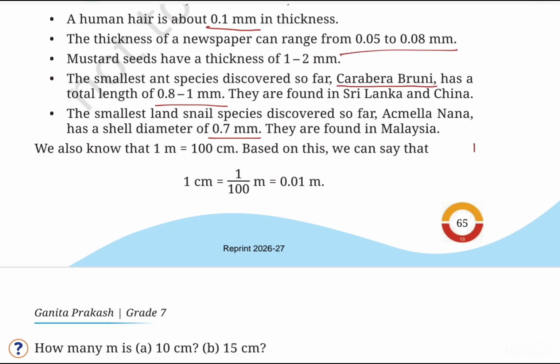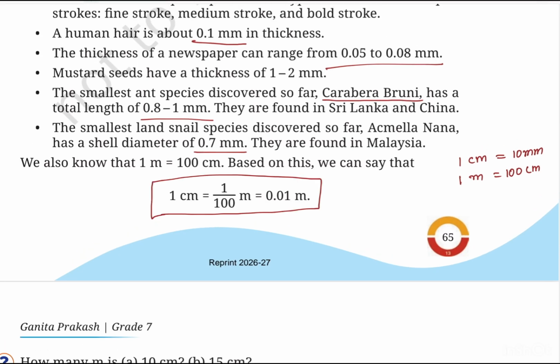First we have studied centimeters, that is equal to 10 mm, and next we have 1 meter, that is equal to 100 centimeters. So 1 centimeter means 1 by 100 meter, and we can write it as 0.01 meter. So we have two decimal places when converting centimeter into meter.